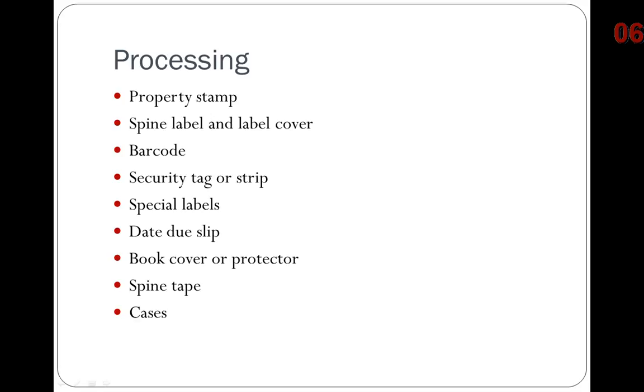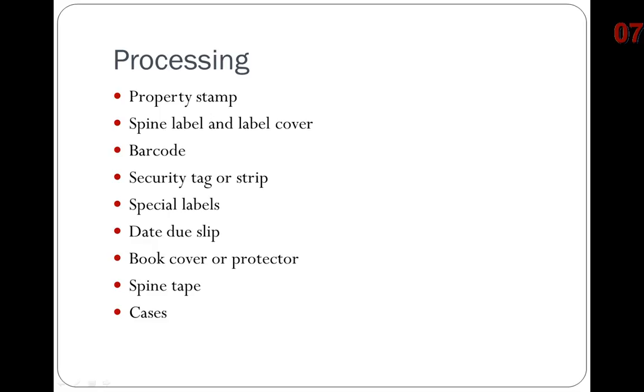For instance, if you're going to automate inventory, it's best to have the barcode on the outside of the resource, the outside of the case or the book, so you don't have to take each book or DVD off the shelf and open it up in order to scan the barcode. But again, this is based on what works best in your library, and you have many options, each with their strengths and weaknesses.